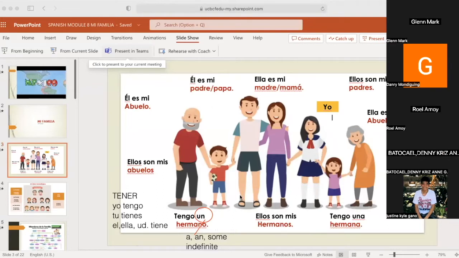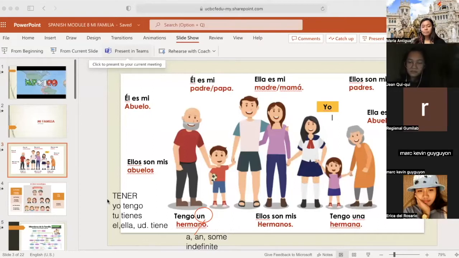All right. This time around, I will not be putting an English translation, so you better make sure that you can understand every word in the sentence. Okay. So, tengo, I have. Un is the indefinite article a. Hermano is.